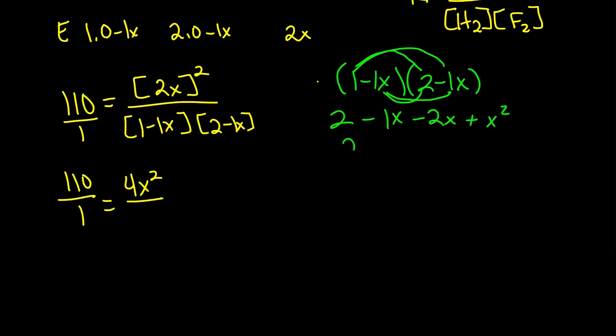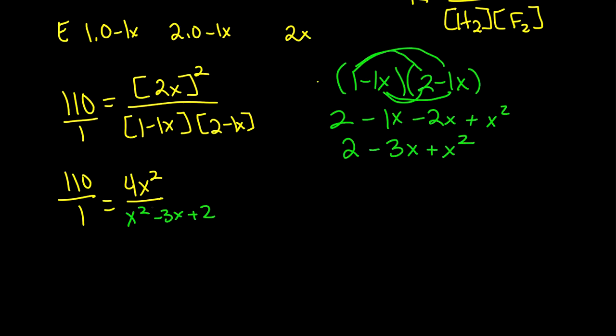Combine like terms: 2 stays the same. Minus 1x minus 2x becomes minus 3x. X squared stays the same. So this expression goes under the 4x squared: x squared minus 3x plus 2. Alright, now we're getting somewhere. Now we can start solving for x.